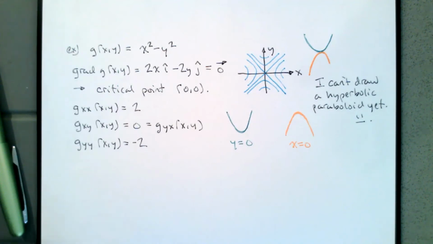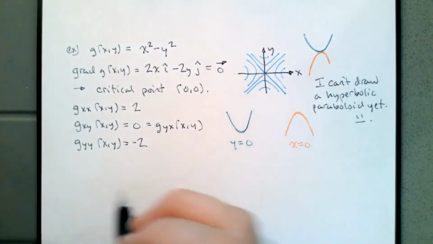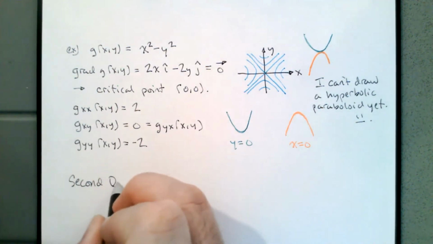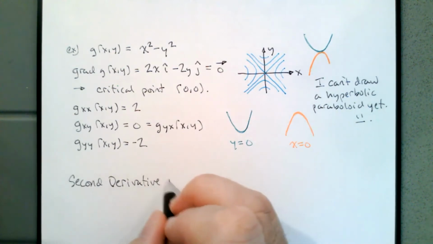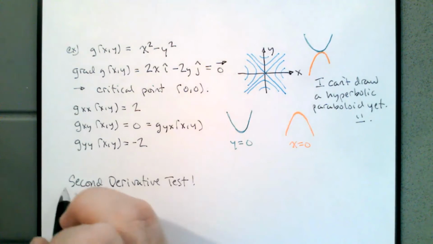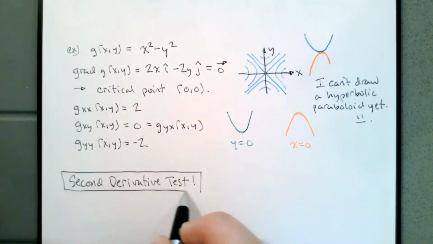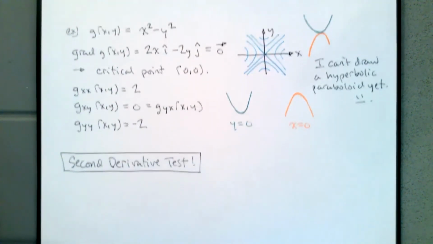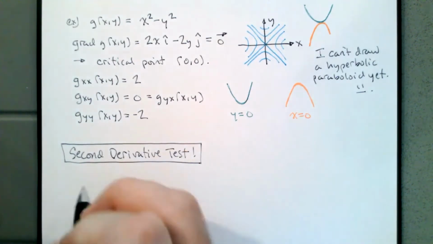So let's suppose that we have a point where the gradient is equal to 0, and then we can look at the second derivative test for functions of two variables.